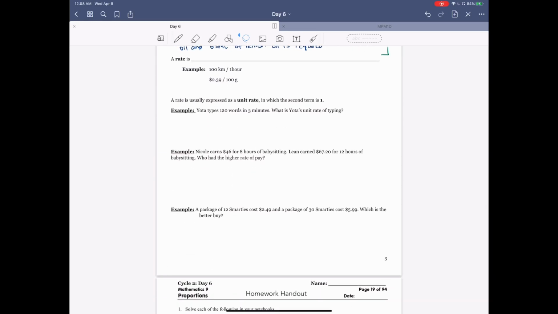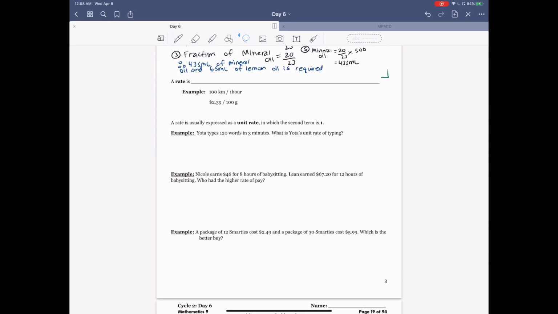All right, for the next part, rate. What is rate? Well, a rate is a comparison of two or more quantities with different units.